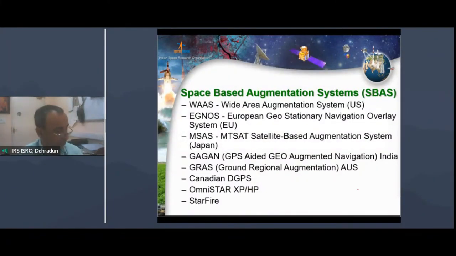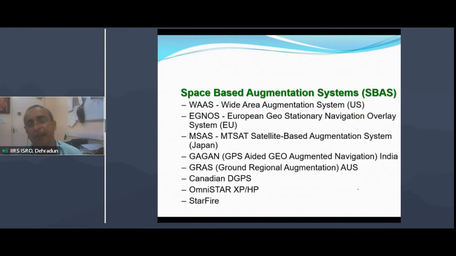So this was initially the concept of GBAS. It is not satellite based, it is a ground based augmentation system.